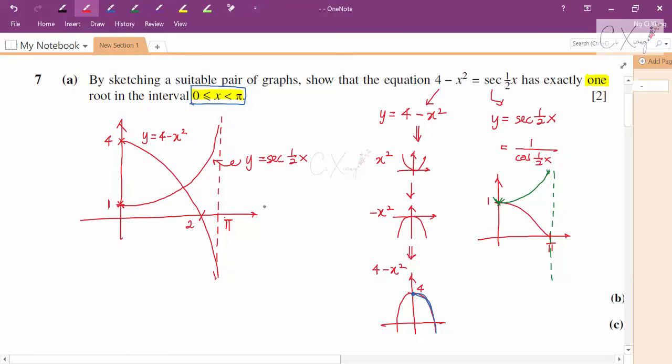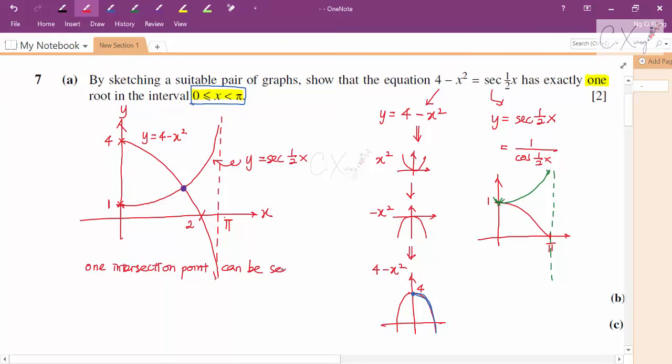So we already sketched the pair of graphs. Then to prove that it has one root, we are actually looking for the intersection point. How many intersection points are there between these two curves? You have only one intersection point. From here, you can make a conclusion: one intersection point can be seen in this range.